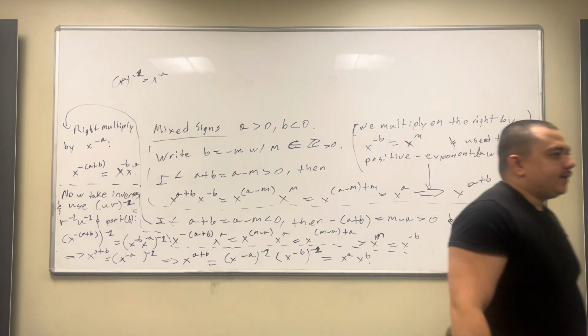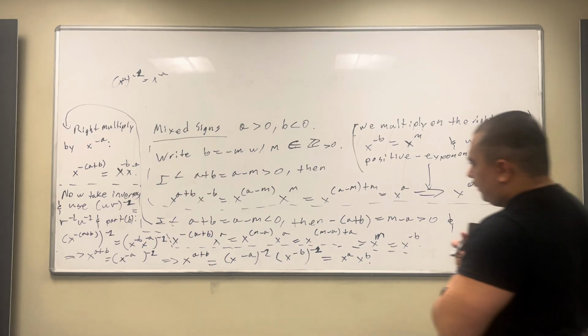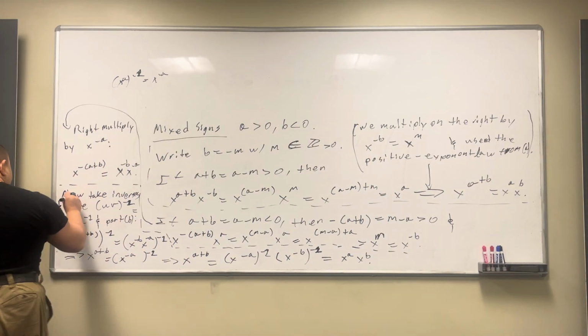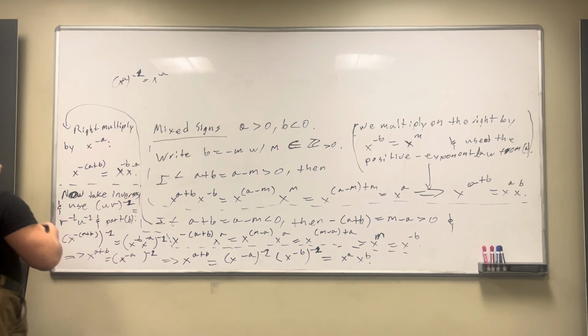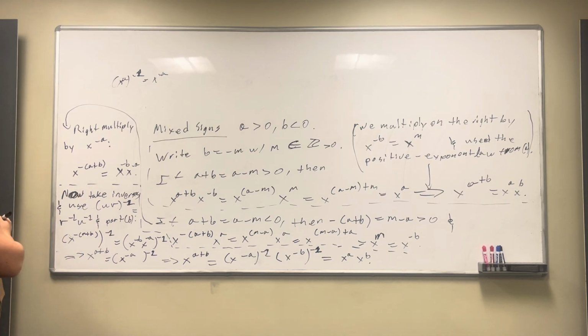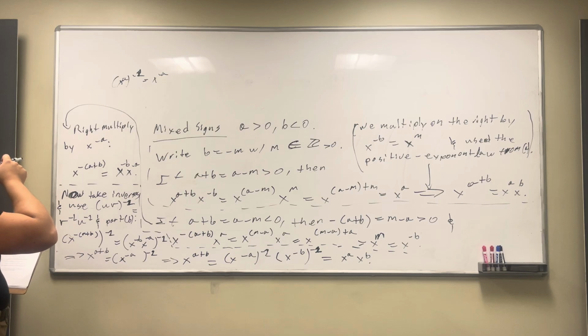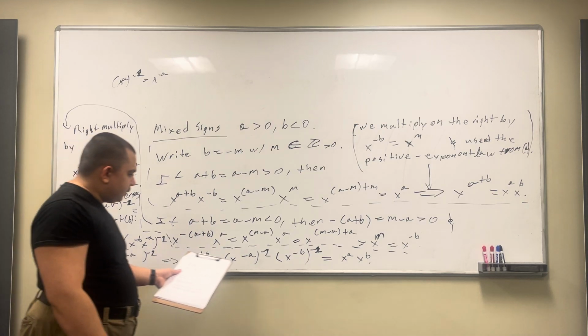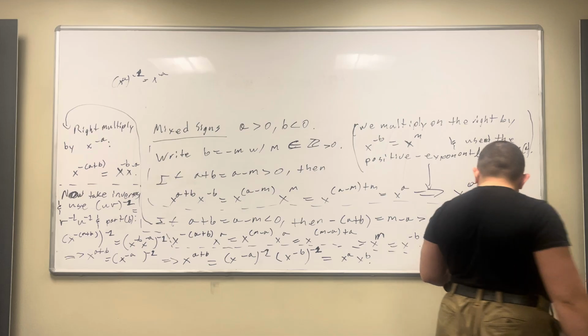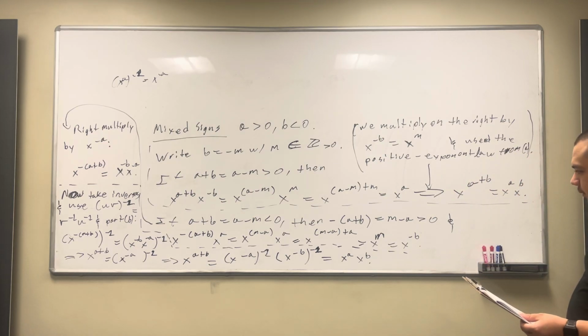Alright, now let's step back, take a look at it, make sure it makes sense. Yes, okay. x^a times x^b, which is exactly what we wanted, right?